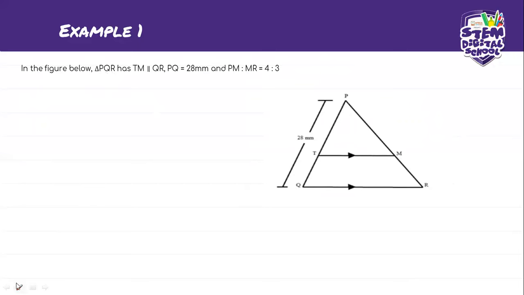Here's P, and then this is Q, and this is R. The triangle has TM parallel to QR. TM, can you see that? Here's TM, parallel to this side, QR, right?